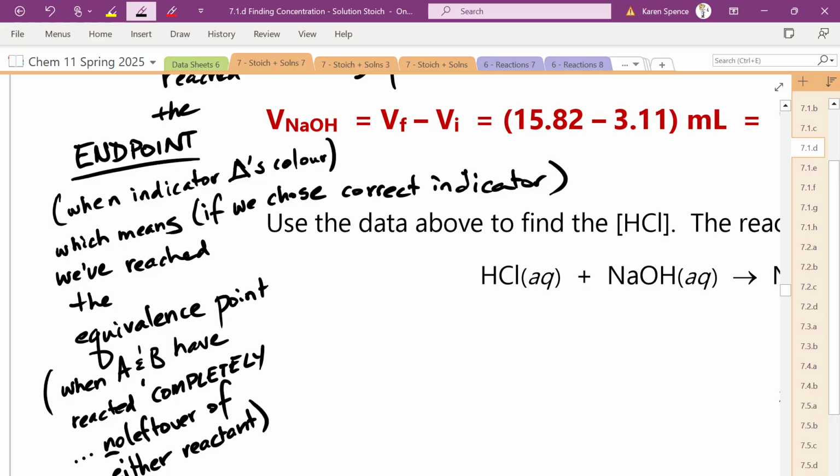So all the acid is gone, all the base is gone. All you have is the salt and water. Okay? If you continued to add base, you would then have a basic solution.